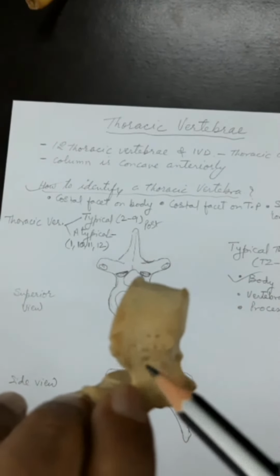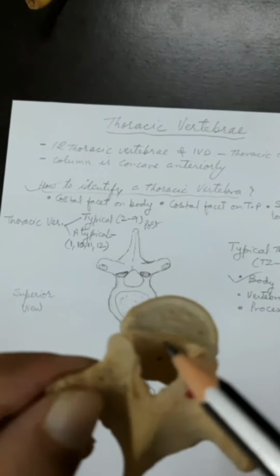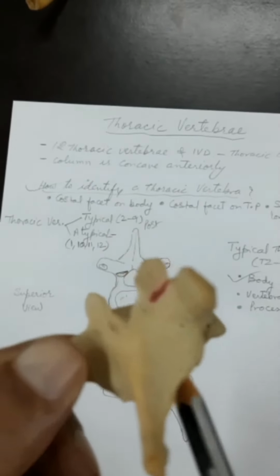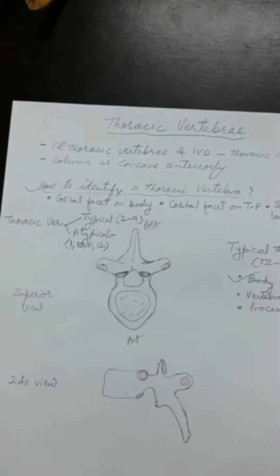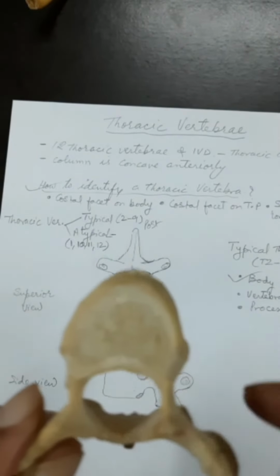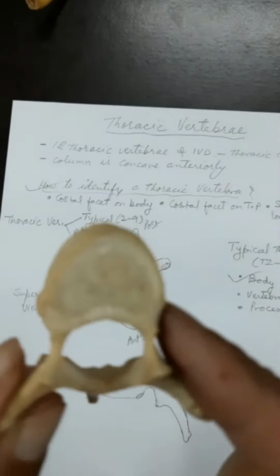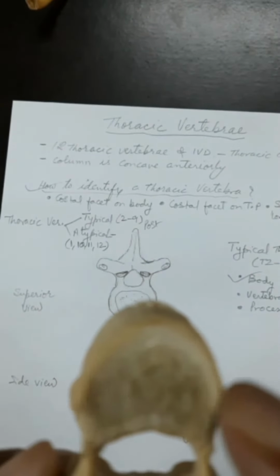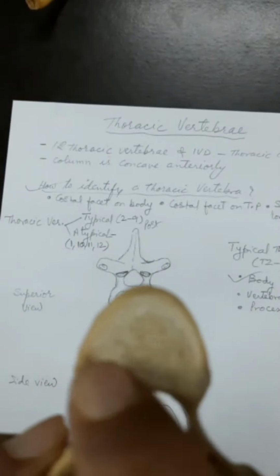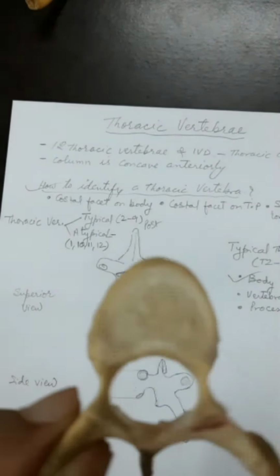Can you see some minute foramina? Yes. These are more common and more pronounced on the posterior surface of the body, and they are for the passage of blood vessels. The body is made up of spongy bone covered by a thin compact bone all around. That means the anterior, posterior and lateral surfaces have it, but there is no compact bone on the superior and inferior surfaces, which give attachment to the intervertebral disc.